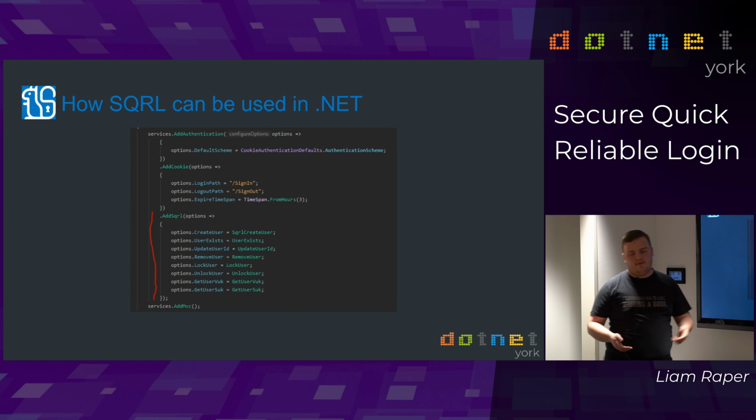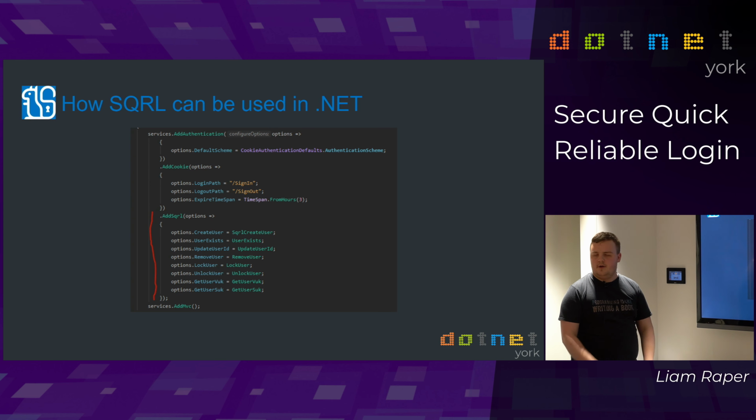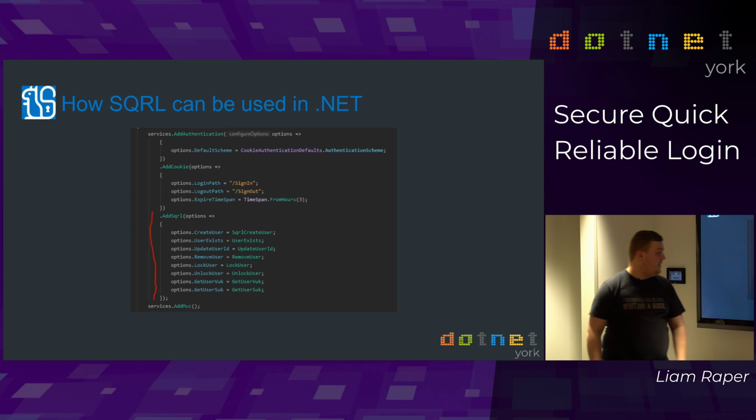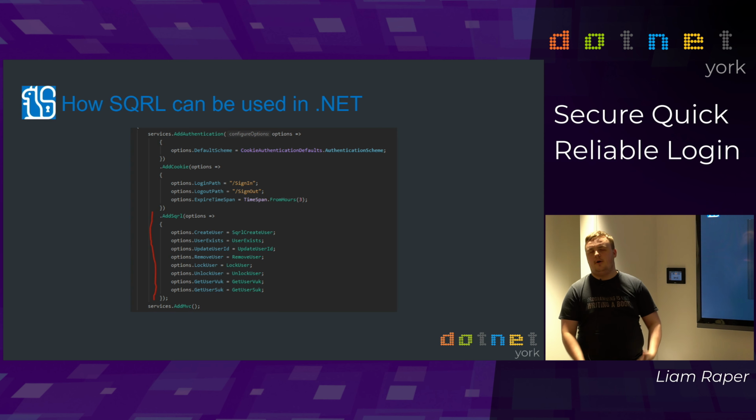User exists is required. It allows us to look up against the database whether or not the user exists, so you can write your own code to look that up. Update user ID allows you to update the IDK that you've got stored in your database.